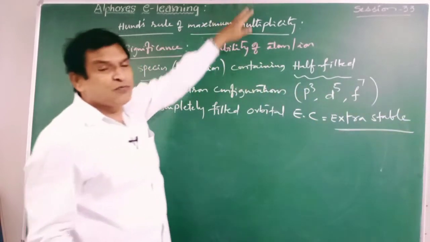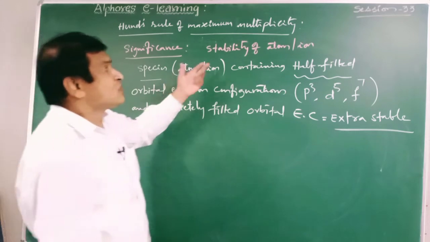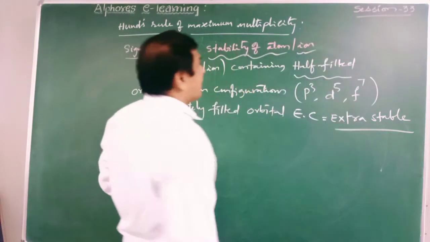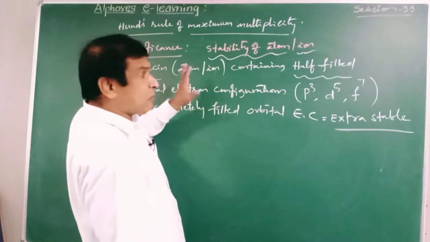Well, what is the main significance of this Hund's rule? Hund's rule signifies to explain stability of atom or ion. That is the main point. How? The species means it may be atom or it may be ion.